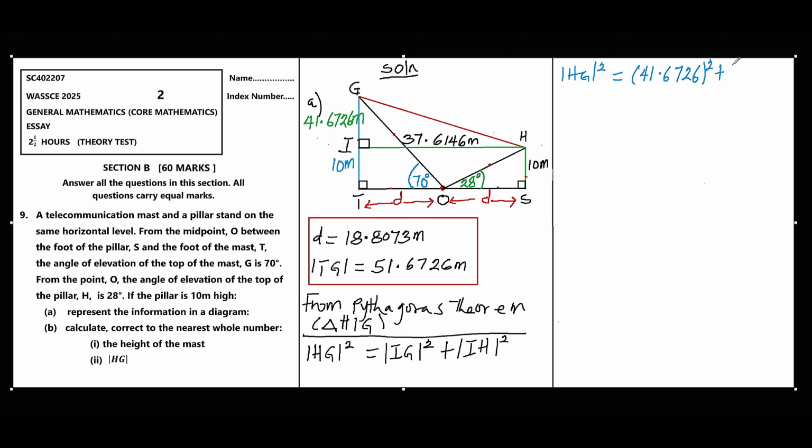So IH we had 37.6146 all squared. So let's see. HG all squared.